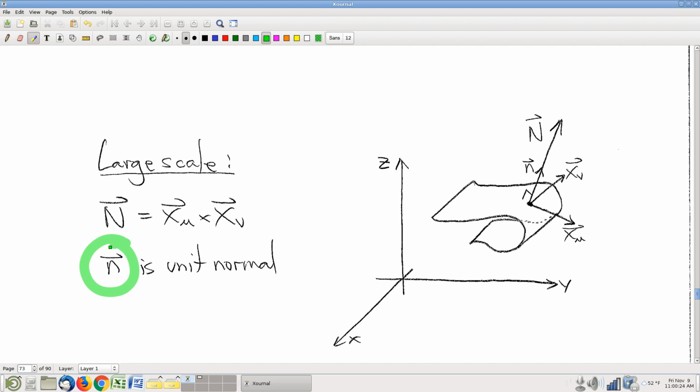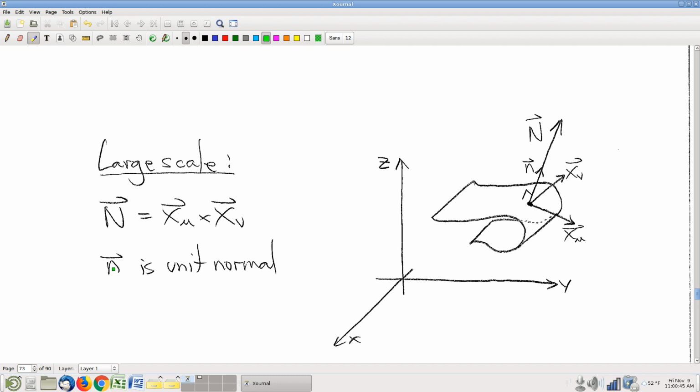Let me recognize this is different from the convention that the book used back in chapter 12. Back in chapter 12, we used little n for any normal vector. Pick one, it doesn't matter. We were very flip about that in chapter 12. So no more. Be careful about this distinction.